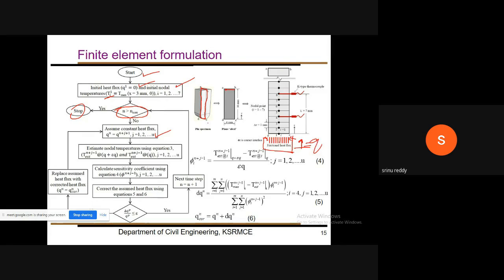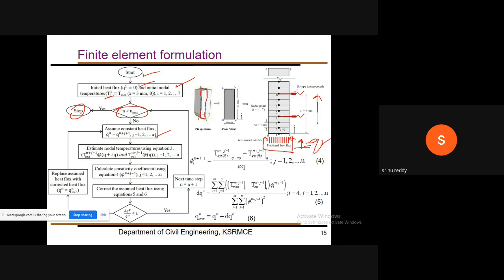Because of this heat flux, heat will flow, this energy will flow along the length of the specimen. When it is flowing, definitely at all the points there will be some change in temperature. At the fourth node, at the 8th node, at all the points there will be some change in temperature. That temperature we are measuring. From the measured temperature, we are again correcting this assumed heat flux.